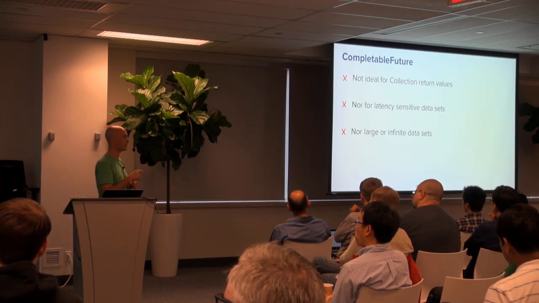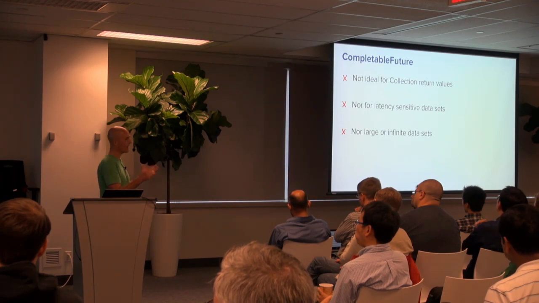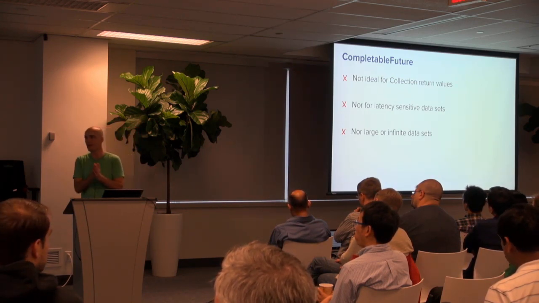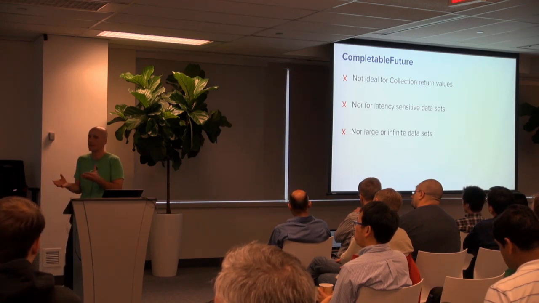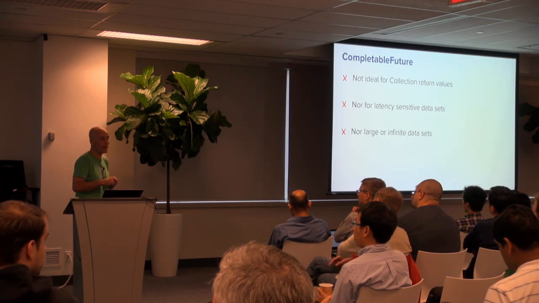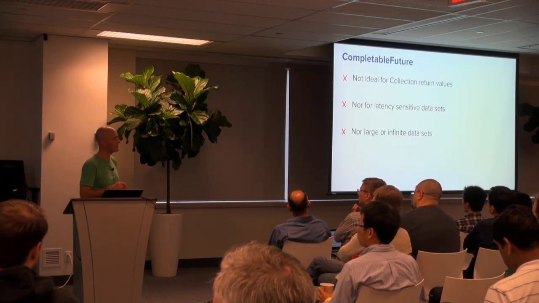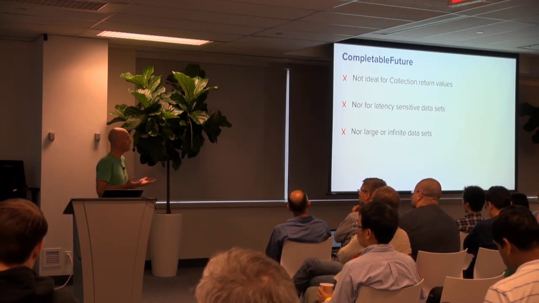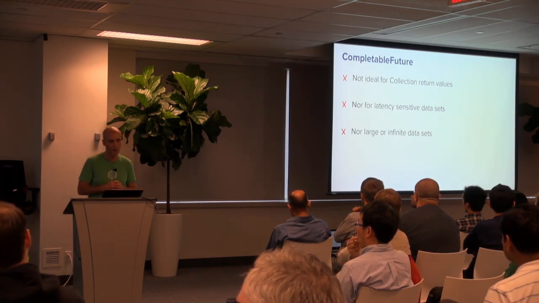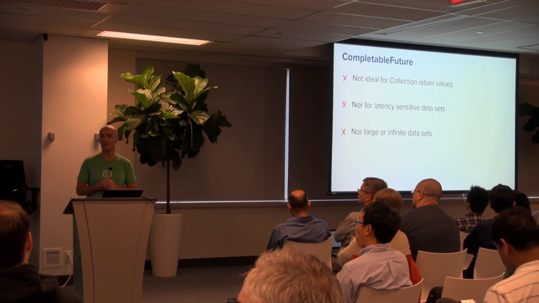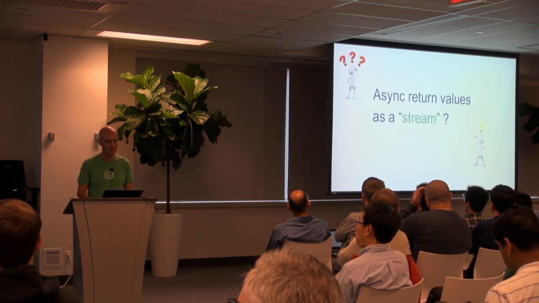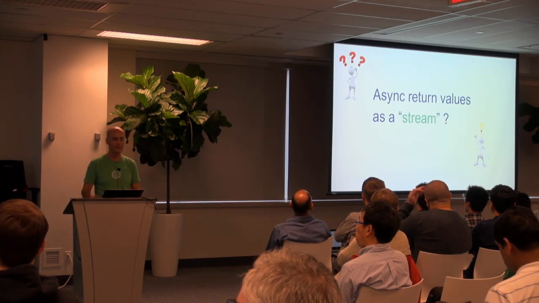If you have a collection, it's a somewhat possible fit, but if you have data which keeps coming, maybe not at the same time, one, then a few seconds later another one, those scenarios can happen in stock ticks, events of all kinds, messages. Again, CompletableFuture of a collection is just a no-go. Also, there's no way to represent very large or infinite data sets. So ultimately it's not a perfect solution. So back to the drawing board.